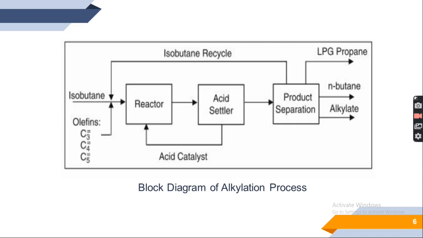After the reaction has occurred, the acid is separated in the acid settler and is then recycled back to the reactor, whereas the heavier hydrocarbons are then sent for product separation in a fractionating column. The products thus produced are LPG propane and butane alkylate, while the isobutane is recycled and sent back to the alkylation reactor for further processing.